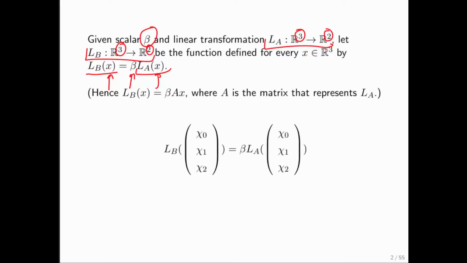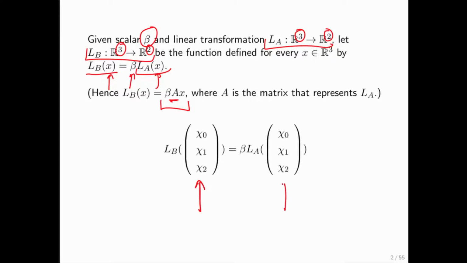Now notice that L sub a is a linear transformation. Therefore, we know there's a matrix A associated with it. And we know, therefore, that L sub b of x can be computed as that matrix A times the vector x, and then the result of that multiplied by beta. For this particular example, in goes a vector.